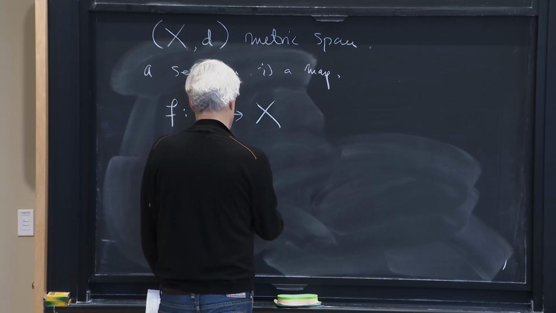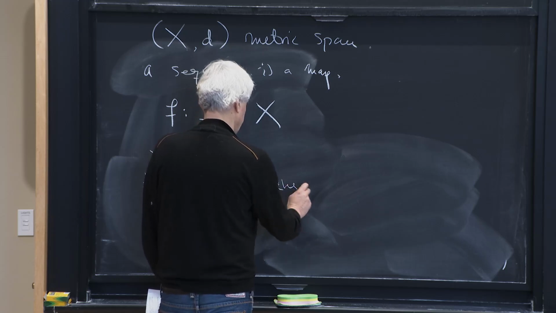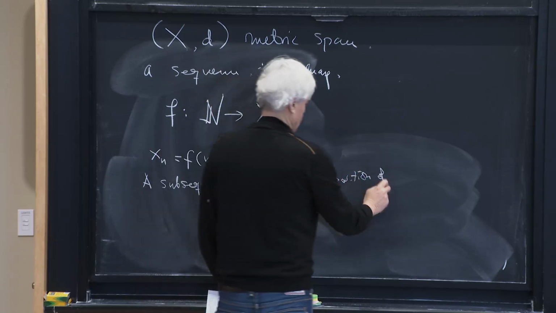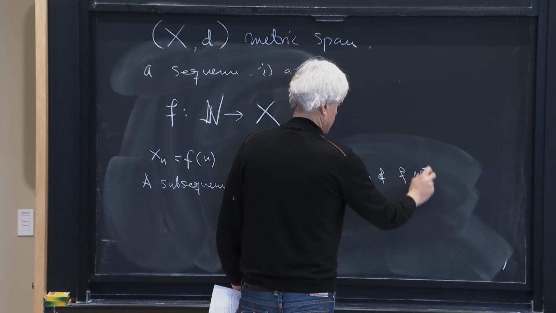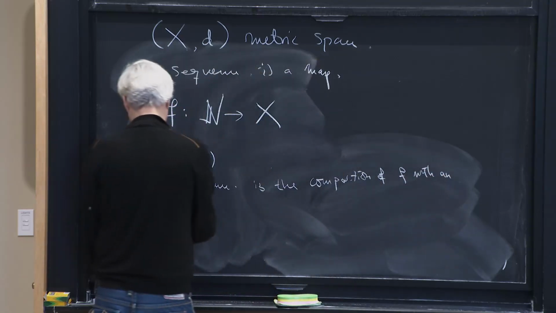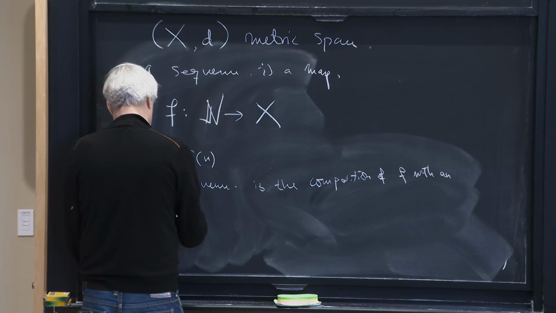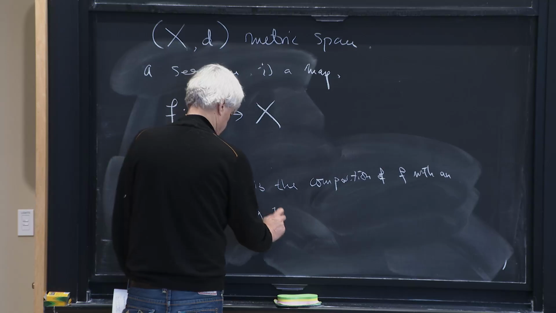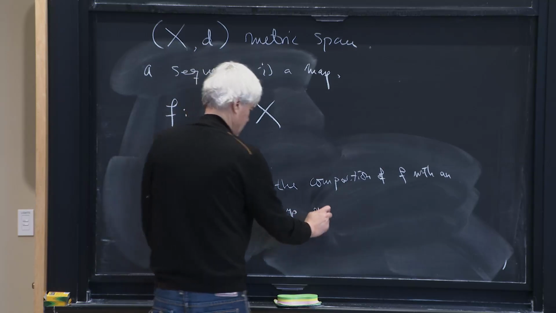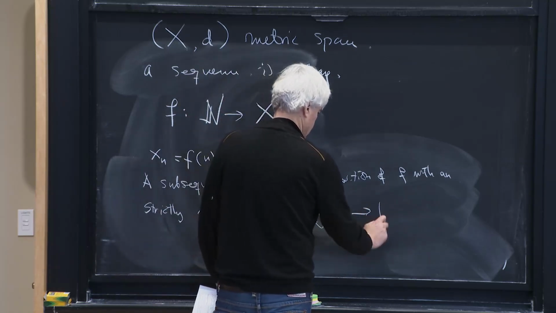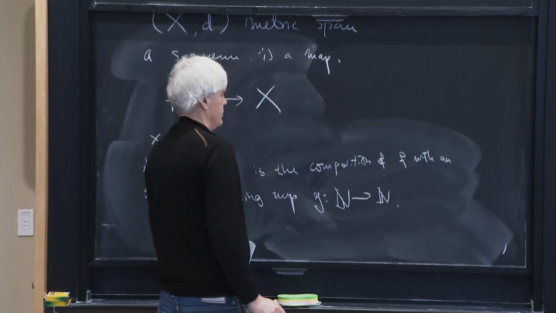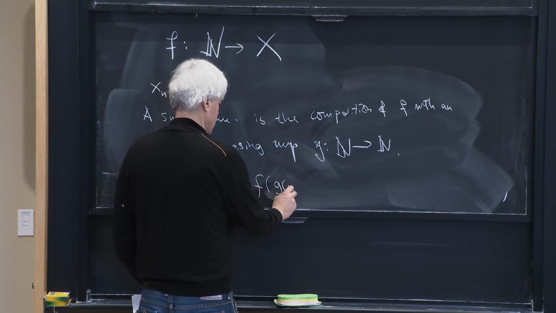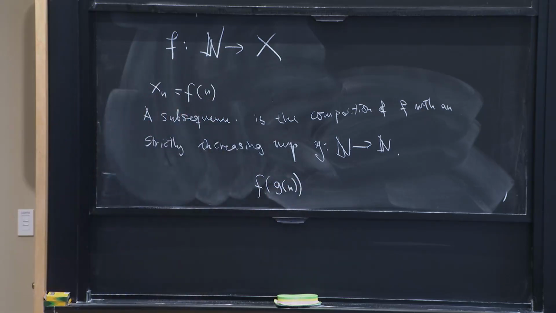So a subsequence is the composition of the sequence f with a strictly increasing map g from the natural numbers into the natural numbers, where you first apply g, and then you apply f.